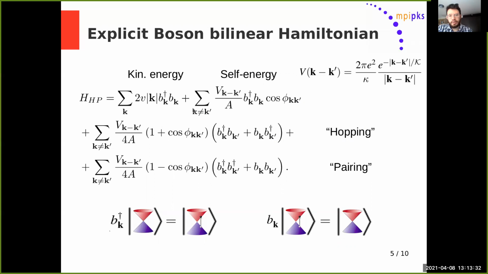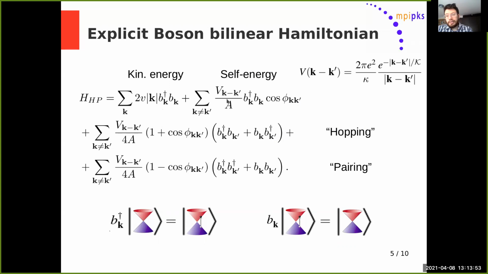It's completely consistent. But then we have three more contributions. The first one is a self-energy. So the cost of having a boson at momentum k also receives a contribution from the interactions, from the original interactions of the electrons, in the original degrees of freedom.